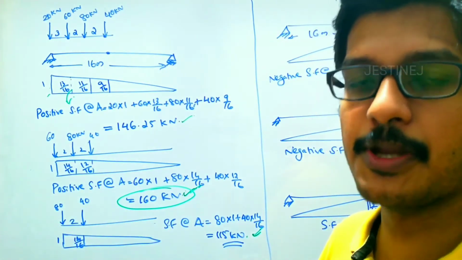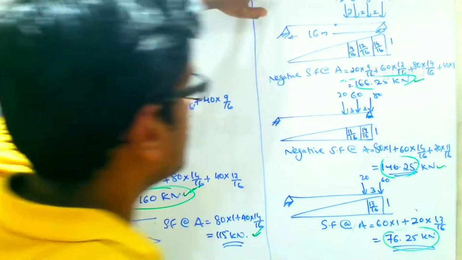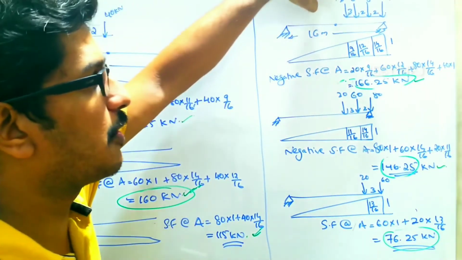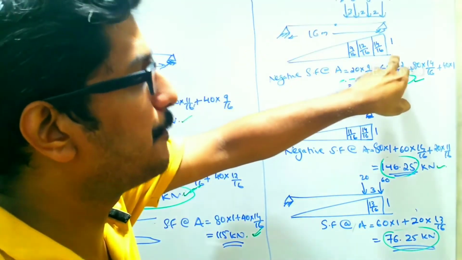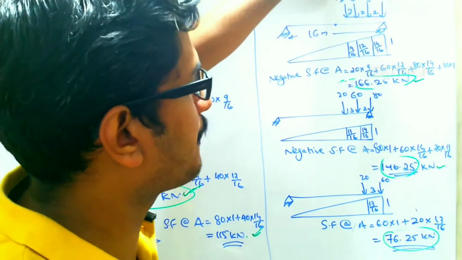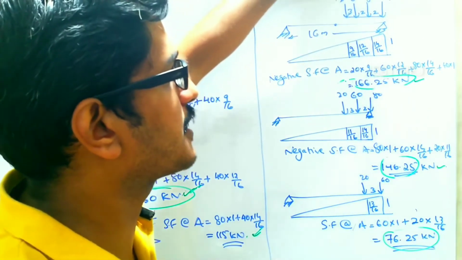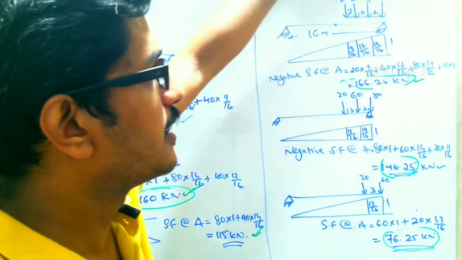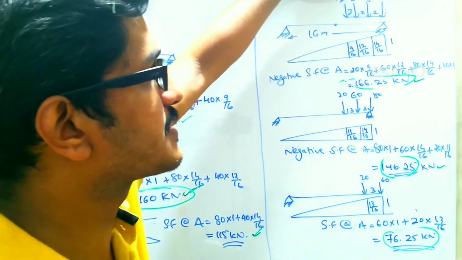Then coming to the next one, the negative shear force value. The negative shear force value will only occur at the support B. If we have to place the loads in this format, that means the 40 kilonewton is placed at the support B, then 80 behind it, then 60 and 20.